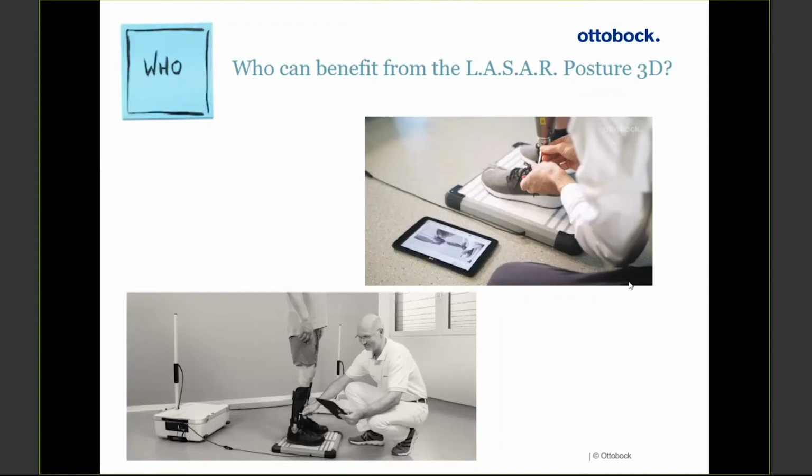In fact, I'm going to go one step earlier and say that you can use it for any sort of positional casting. For example, if you wanted to take a weight-bearing cast to make a partial foot prosthesis and you wanted to know the exact angle of the ankle joint, you can use it there as well. If you are both a prosthetist and an orthotist, you're going to get double value out of this device.